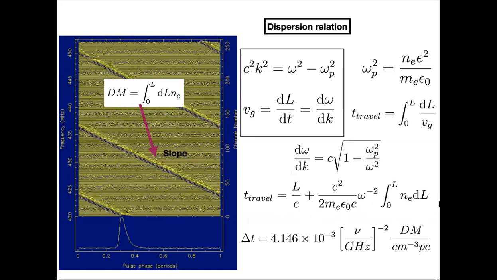And I can now calculate the travel time difference between two frequencies. So how do I do that? Well, if I choose the initial frequency to be, say in this case, 420 megahertz, I get a certain travel time. I just subtract that from the rest of the plot, and I get this delta t.